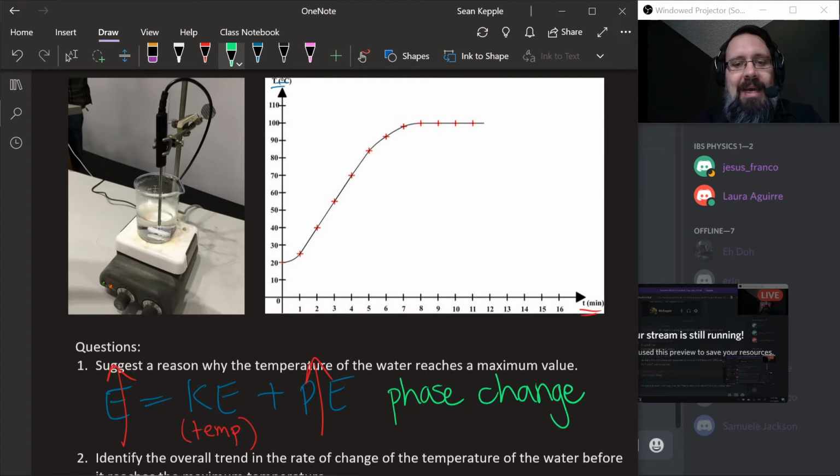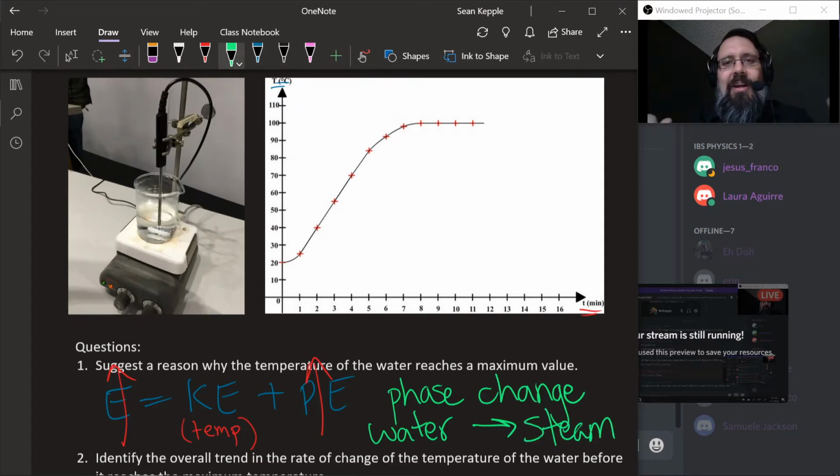The liquid water is turning into a gas, into steam. The reason the water is at a constant temperature is because the heat we're supplying is going into potential energy, pulling apart the particles, changing the phase from liquid into steam, rather than making them move faster.